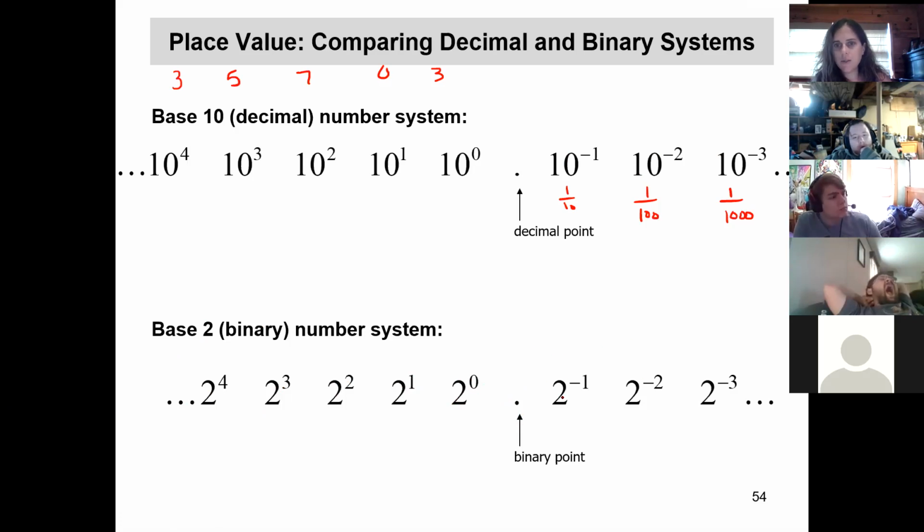So then we have 2 to the -1. That's 1 over 2. Then 1 over 2 squared, which is 1/4. This is going to be 1 over 2 cubed, that'll be 1/8, and so forth. These are just going to be smaller numbers as we're converting over.